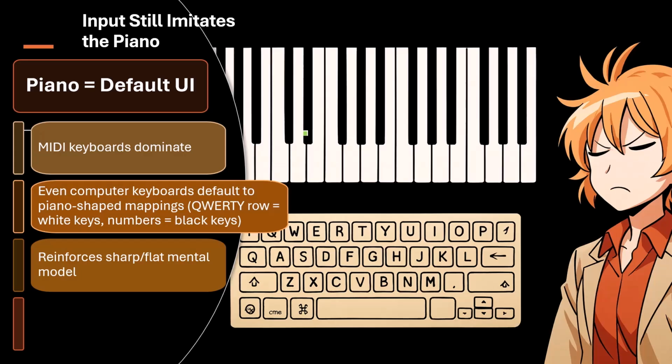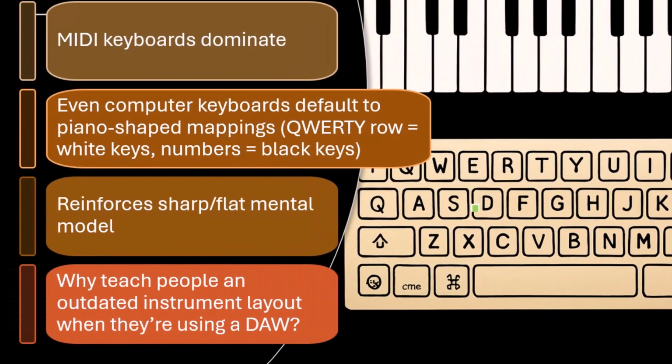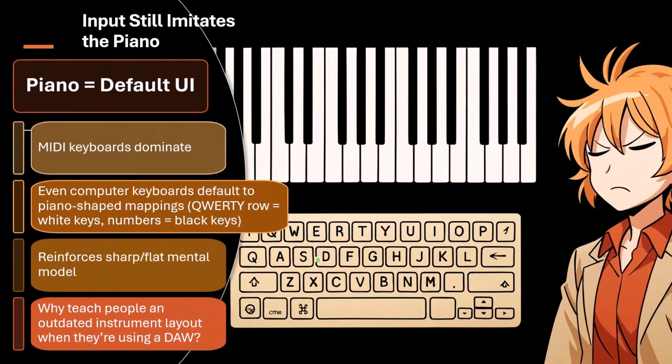There's no reason to have sharps and flats in a DAW system, because we don't have any differences in actual distance between pitches. So the piano is going to just confuse people from a pure music theory standpoint, what you need to know so that you can play the instrument of the DAW. So that's the problem. Why teach people an outdated instrument layout when they're using a DAW?